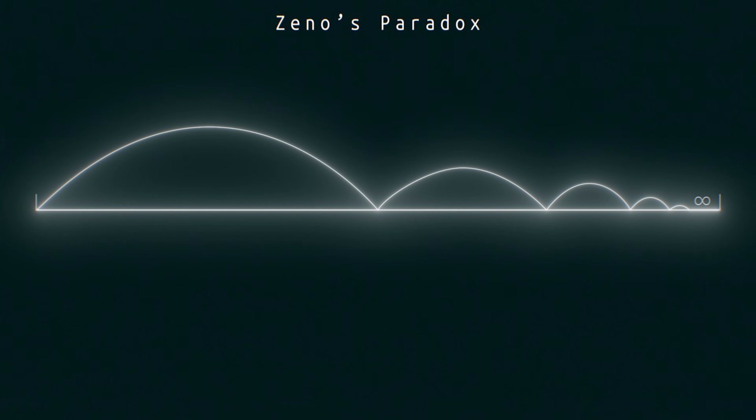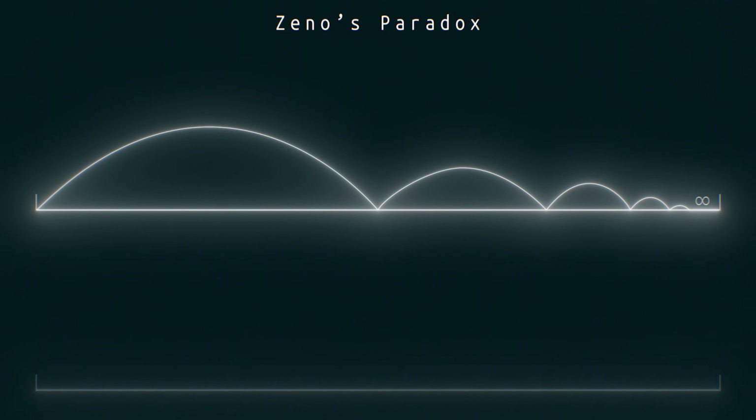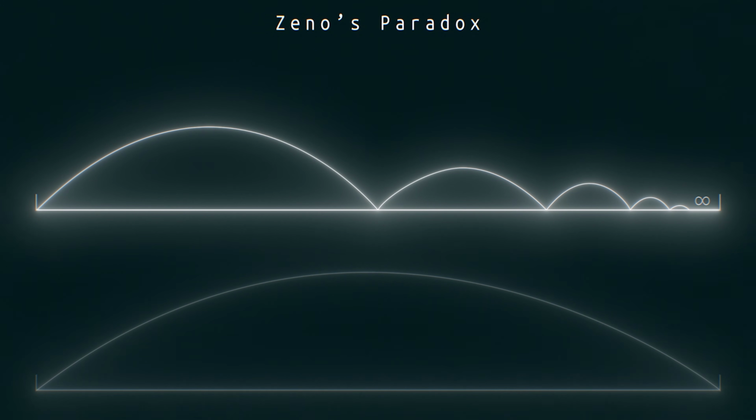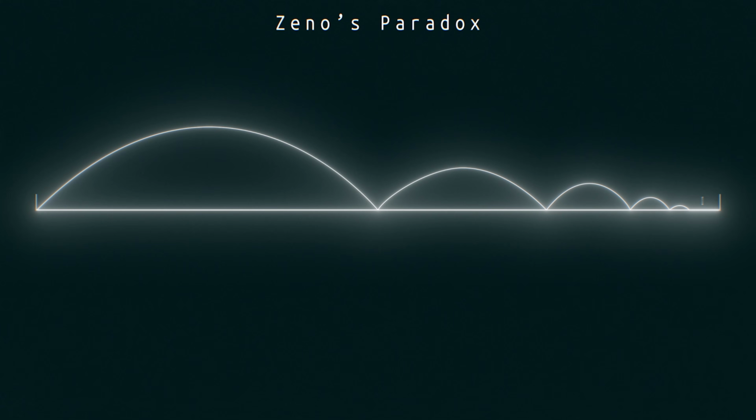Zeno's paradox taps into a core idea of infinity, that something finite, like a single step, can still hold an infinite number of smaller parts within it. In reality, of course, we do eventually reach the wall, but this paradox highlights the mind-bending notion that infinity can exist within the boundaries of something finite.